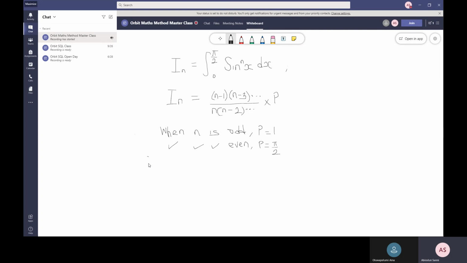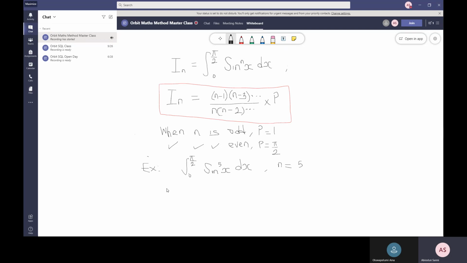For example, if I'm told to find the integral from 0 to pi over 2 of sine x to the power 5, dx, since I already know the Wallis formula, whether it's sine or cos, I will specify that in this case my n is 5.